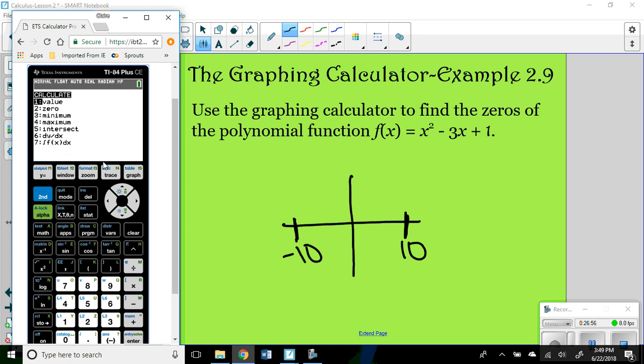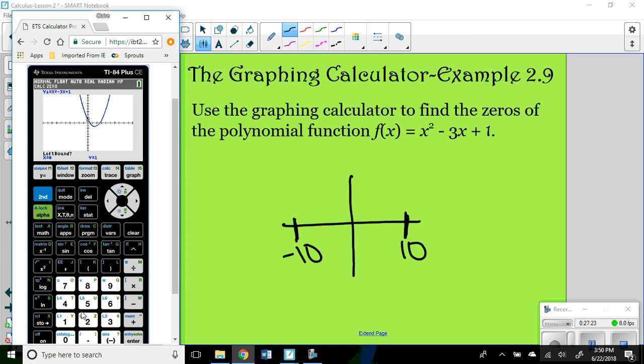And we are looking for zeros. Which number are we going to pick, probably? You're going to pick 2 because it says 0. So you can either arrow down and then hit enter, or you can just hit number 2 because that's what you're going for. So it says left bound, and then it's going to come up and say right bound.